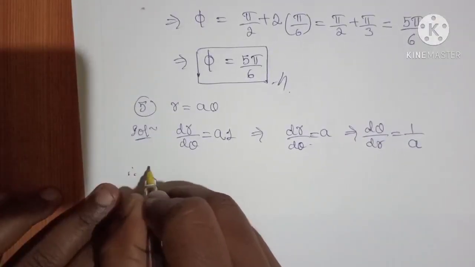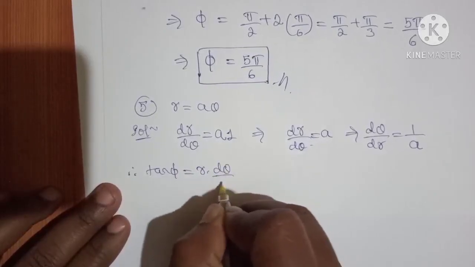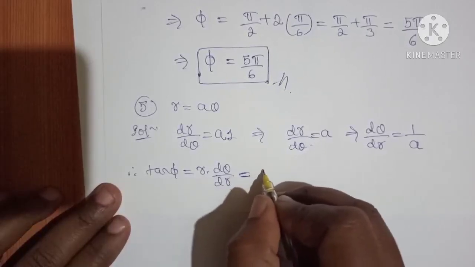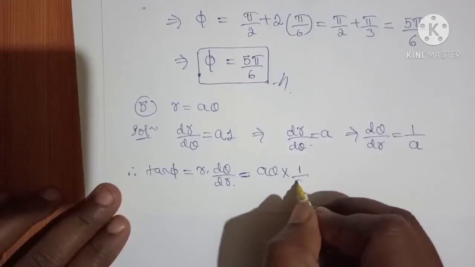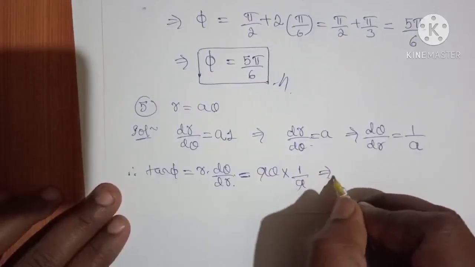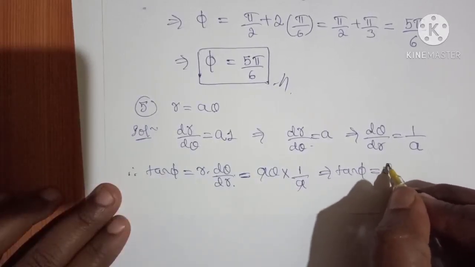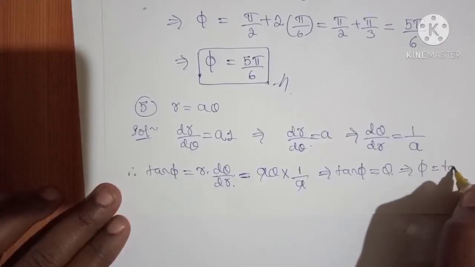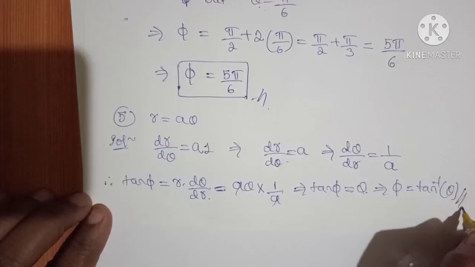Therefore we have tan phi equals r into d theta by dr. Substituting the r value, a into theta, into the d theta by dr value, which is 1 by a. The a cancels, we get tan phi equals theta, or phi equals tan inverse of theta. So this is the required answer.